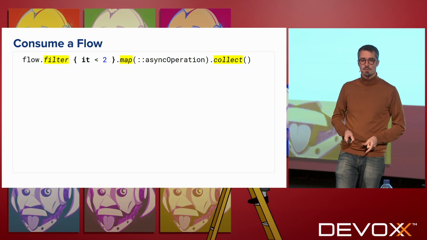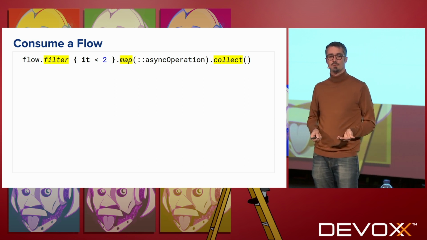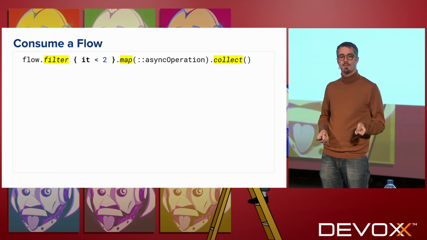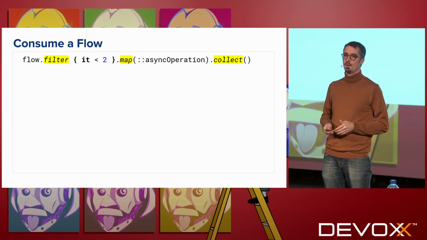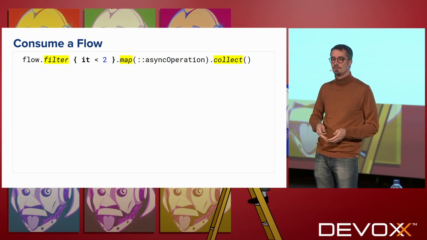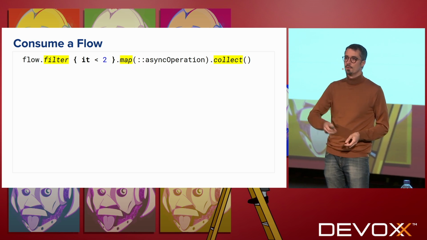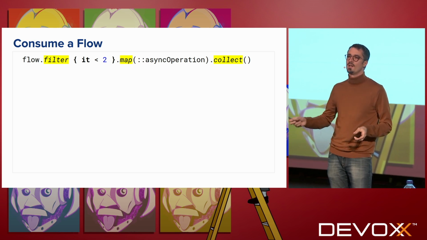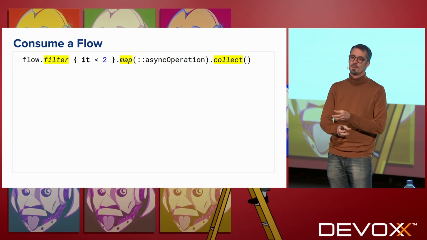An interesting difference compared to the reactive world is that you can do asynchronous operations in map. When you are using a Reactor API and you want to do some asynchronous operation that returns a Mono, you have to use flatMap to flatten the Mono inside the Flux.